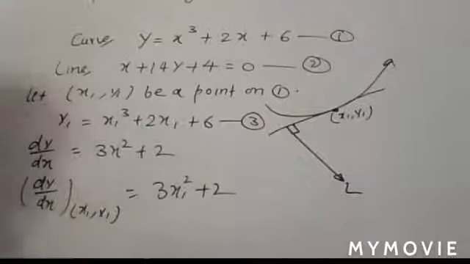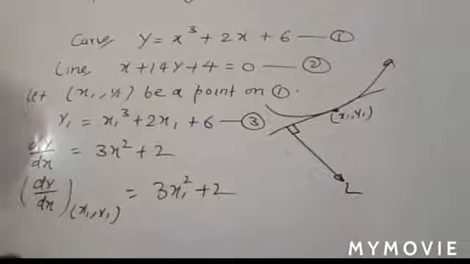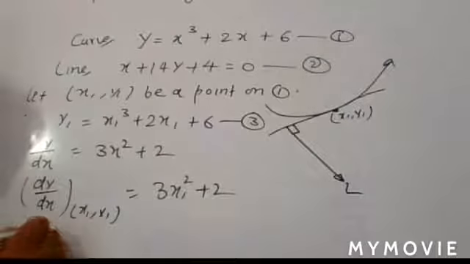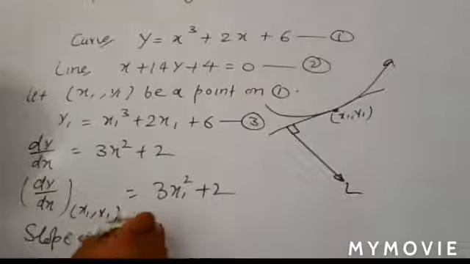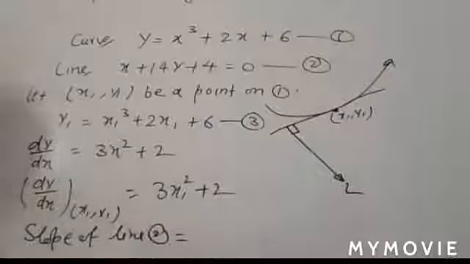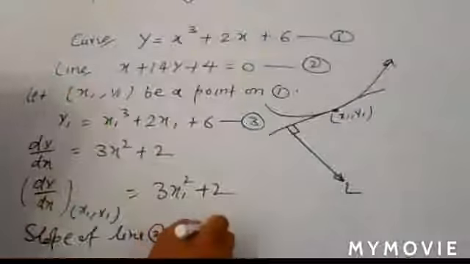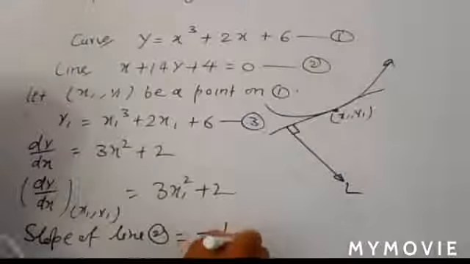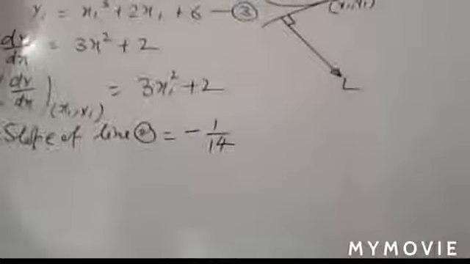Understand? And if the slope of tangent is known, you find the slope of the given line. Slope of line 2 is equal to, applying the same formula, minus coefficient of x upon coefficient of y. So you have minus 1 upon 14. Understand?